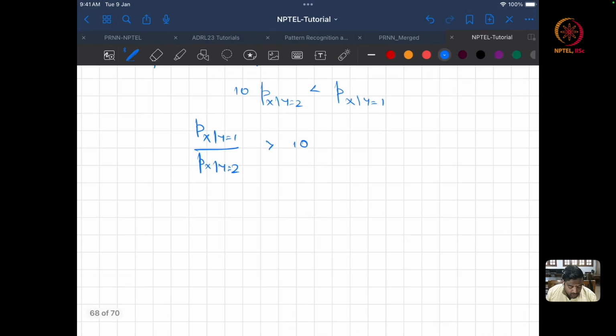Now we know these values, right? x given y is equal to 1 is 1/4, and 10 into x given y is equal to 2 is 10 into 1/9, which is approximately 1.11.